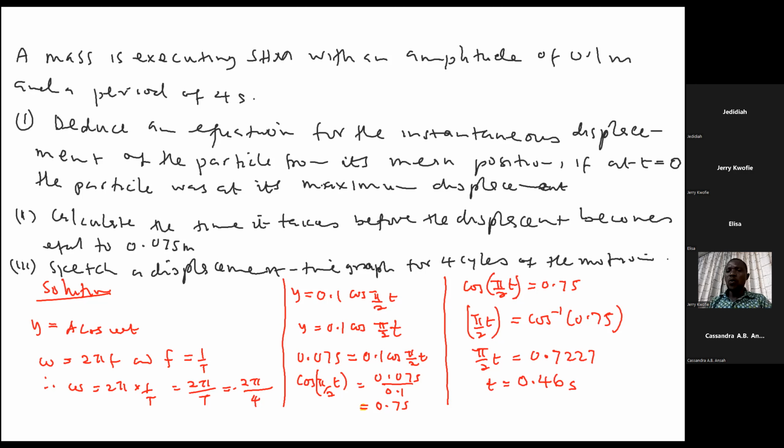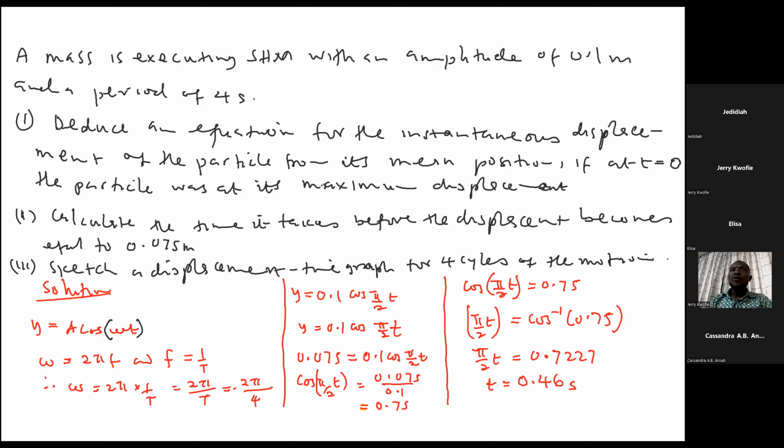No, we didn't do that because anything that comes after the ratio cos is to be seen together as an angle. You are to recognize the equation as A cos omega t, with the omega t in brackets like this. So anything coming after cos or sine must be seen together.